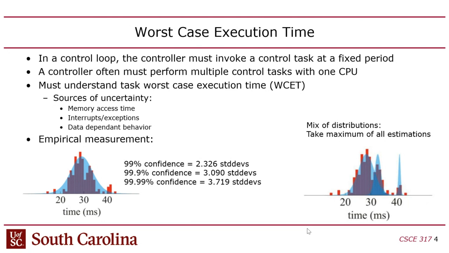So one way to characterize this is to do it empirically, which is to just run it a bunch of times and measure, and then look at the statistics of the runtime. For example, if you assume that the data is normally distributed, you can calculate the mean and the standard deviation, and from that you can calculate the maximum runtime with a specific level of confidence.